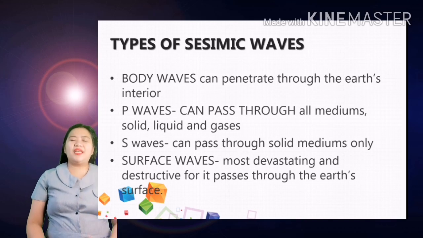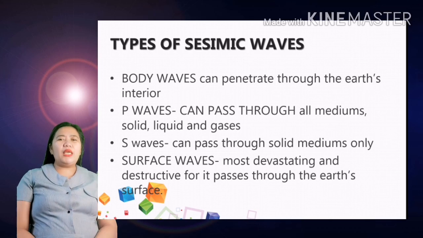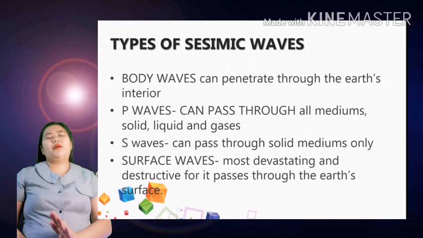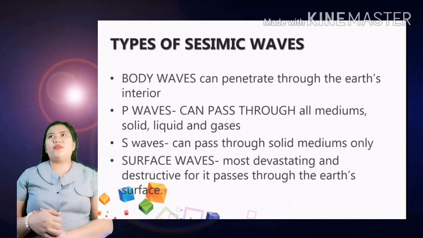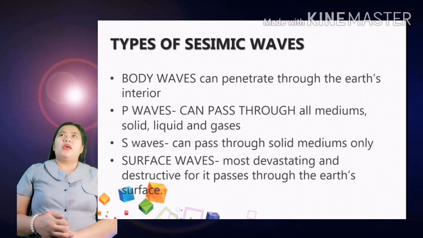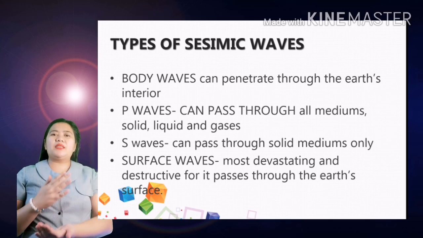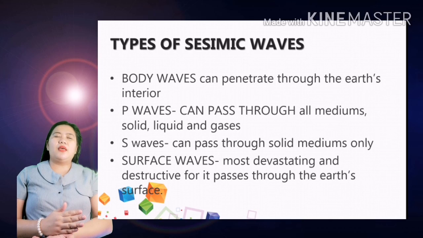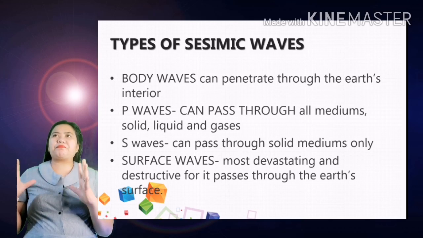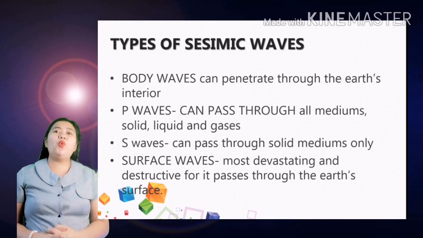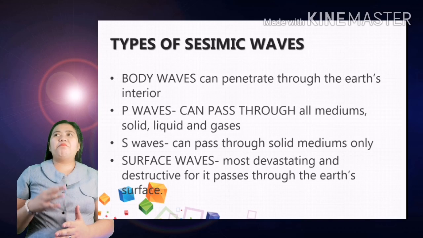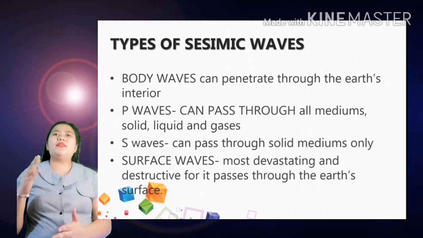The next is the secondary waves. The secondary waves can pass through only solid mediums. This property is very significant: when the secondary waves do not register any movement on the seismograph, it only means that the secondary wave passes through a liquid medium.